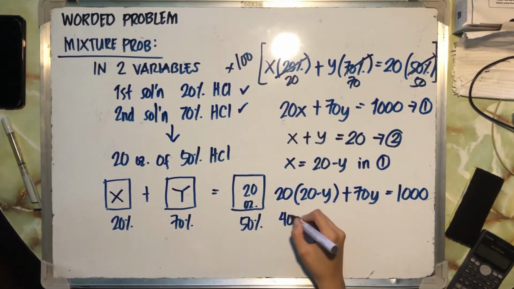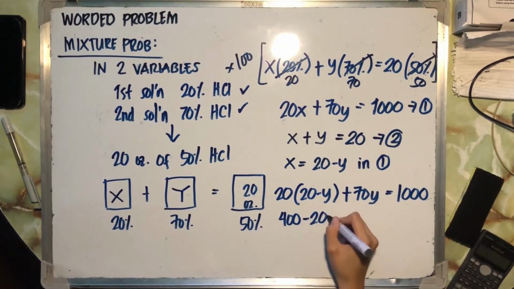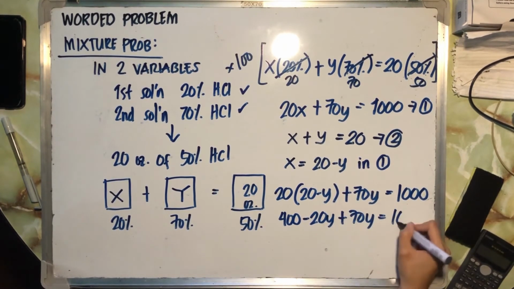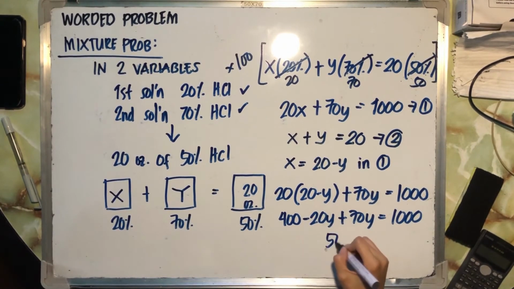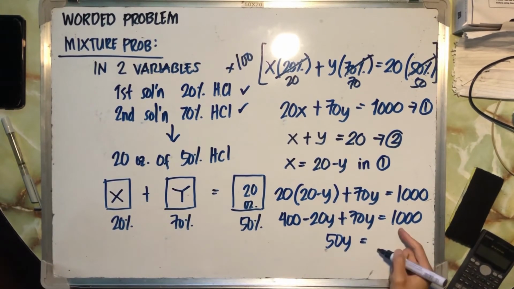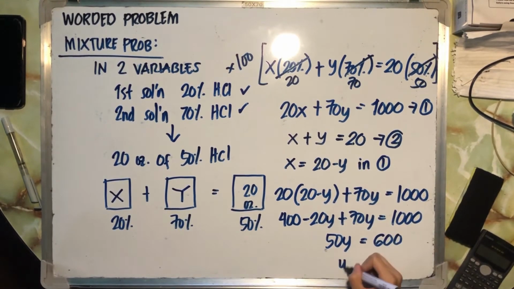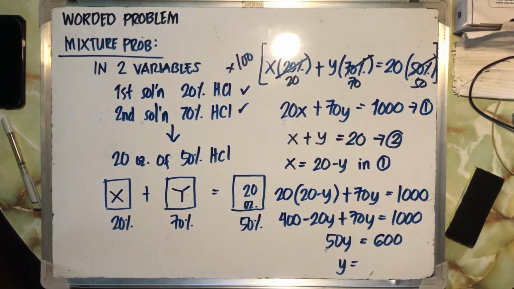This would be 400 minus 20y plus 70y equals 1,000. Okay, this would be now 50y. And 1,000 minus 400 is 600. Dividing this now, that would give us how much?